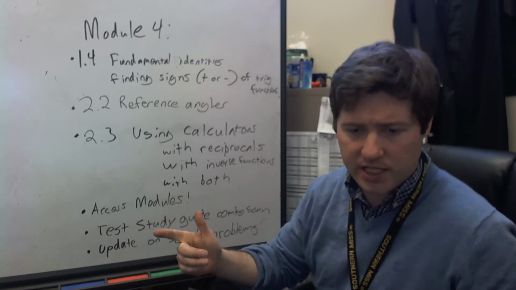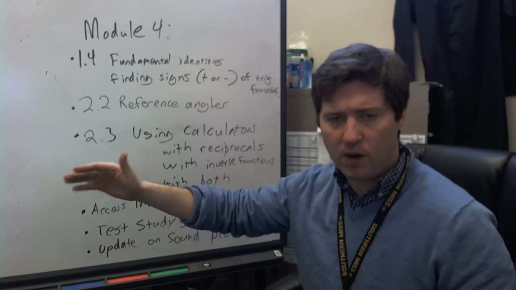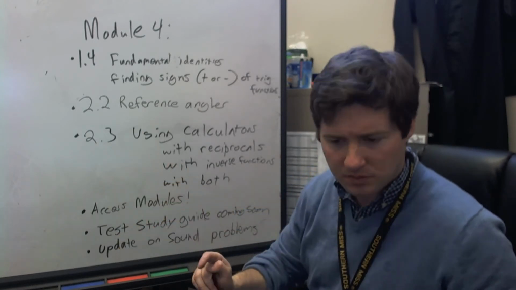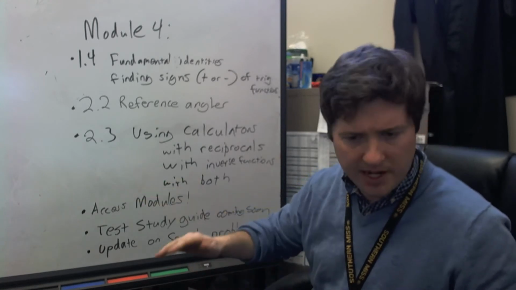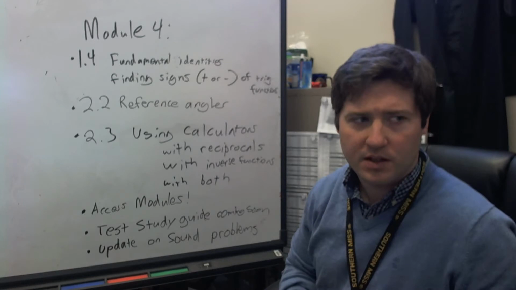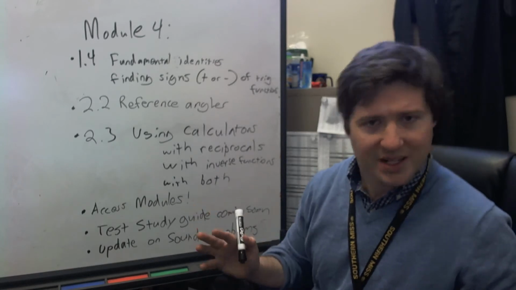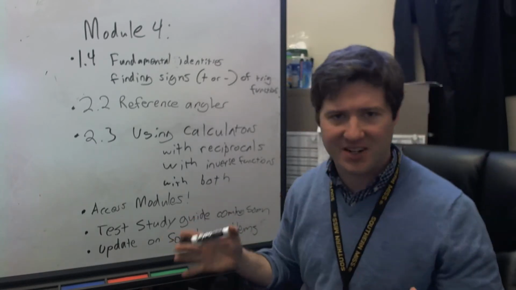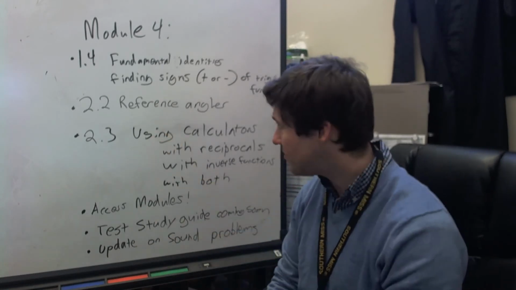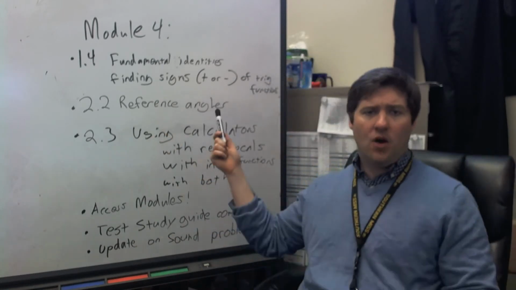But tangent and cotangent, since they're y over x, or x over y respectively, that's a negative divided by negative, and those functions are going to be positive in quadrant 3. So don't worry, I understand if you're not following that right now, but that's okay, and we'll do that in that section. Just a heads up of what's coming up.